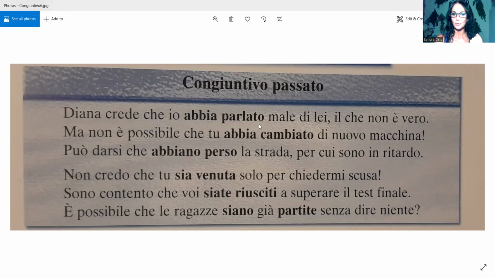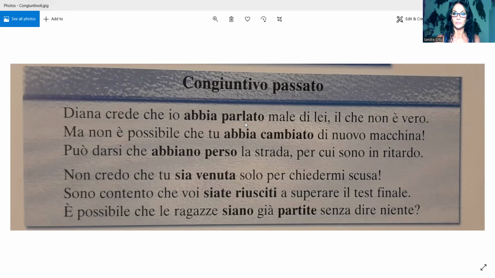Think about passato prossimo: we would have io ho parlato. It is exactly the same construction. However, after certain verbs, in this case credere, we need subjunctive.